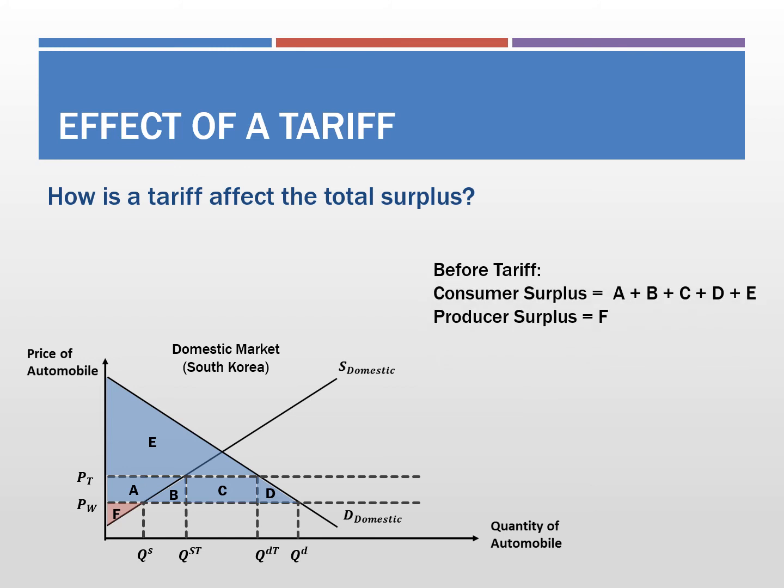So if we look at the total gains of surplus, before the tariff, the consumer surplus is the size of A, B, C, D, and E, and the producer surplus is area F. Now, when the price is driven up to PT with the tariff, first of all, the domestic consumers will have to pay PT for every car they buy in the markets, because they can no longer buy the car at the world price, because every single car imported to South Korea will have this additional cost of the tax.